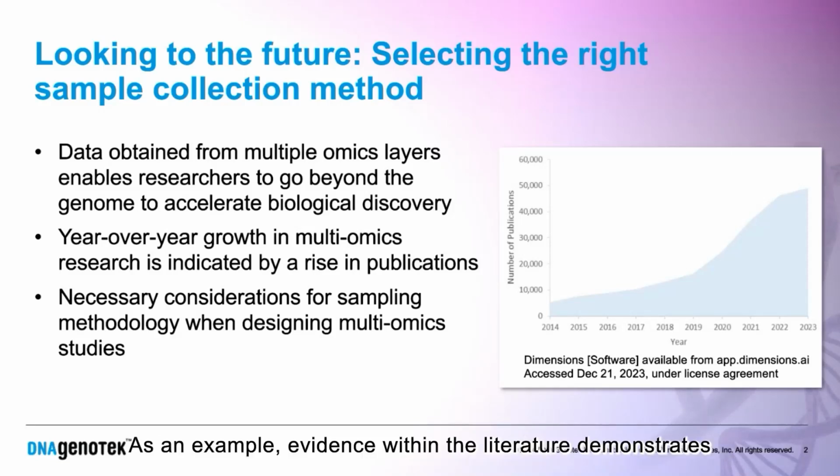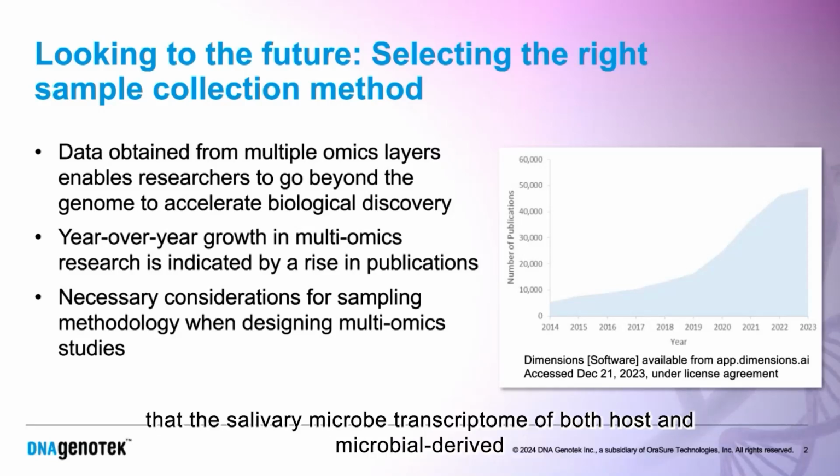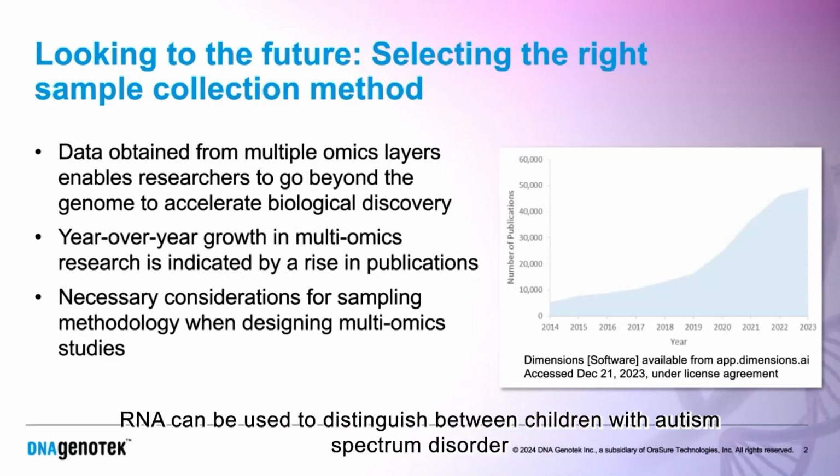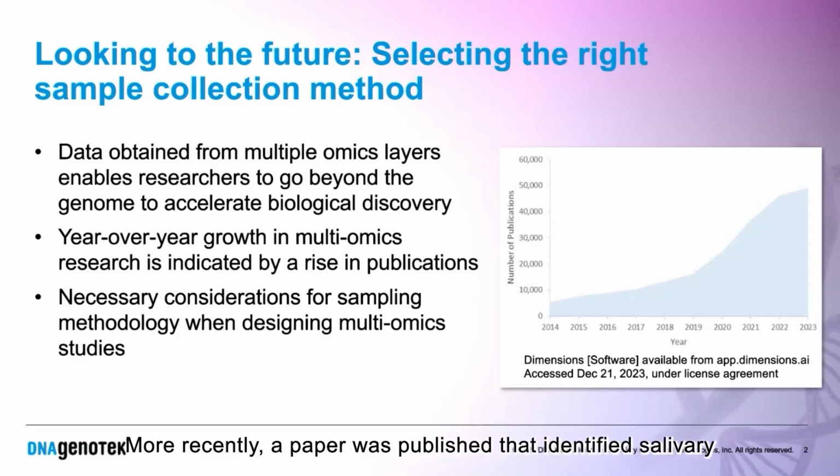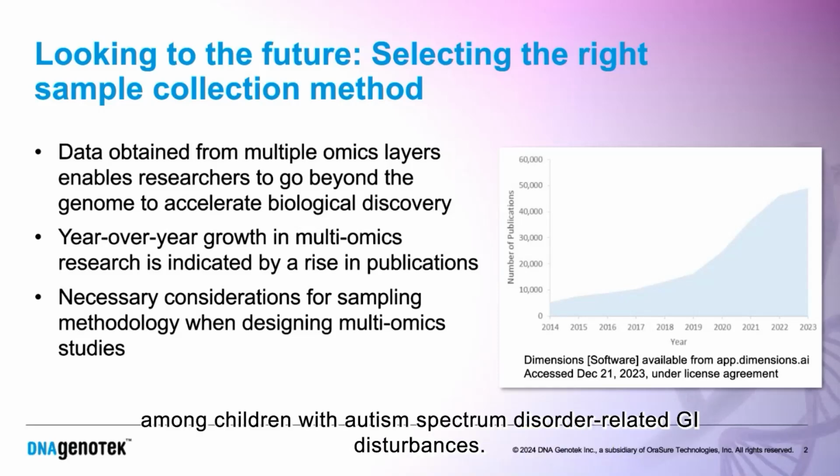As an example, evidence within the literature demonstrates that the salivary microtranscriptome, both host and microbial-derived RNA, can be used to distinguish between children with autism spectrum disorder versus children with typical development or developmental delays. More recently, a paper was published that identified salivary microtranscriptome targets that were differentially expressed among children with autism spectrum disorder related GI disturbances.